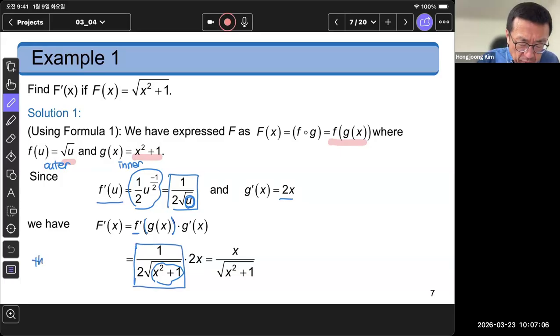The derivative of the outer function evaluated at the inner function.